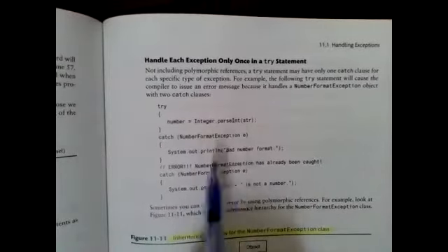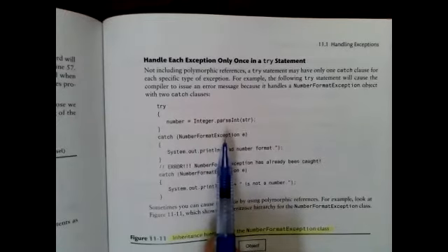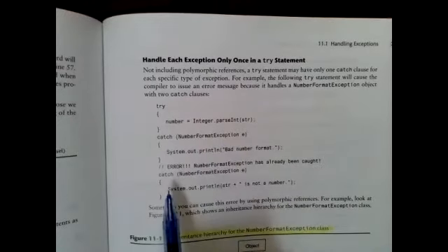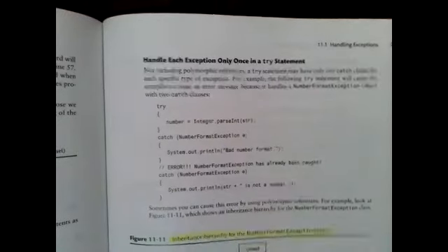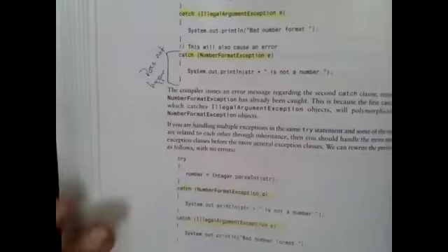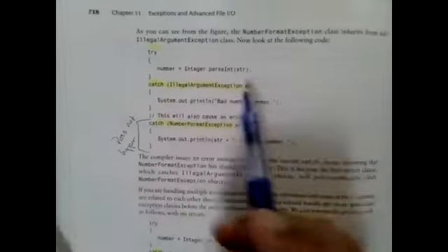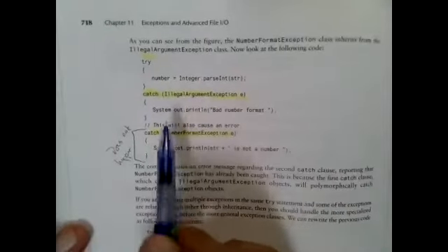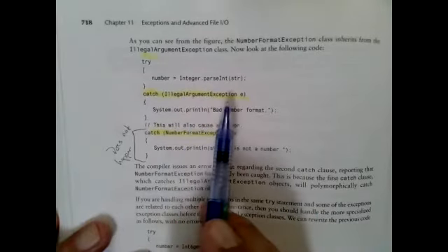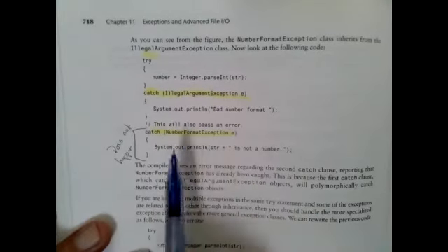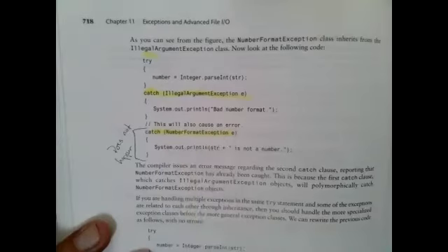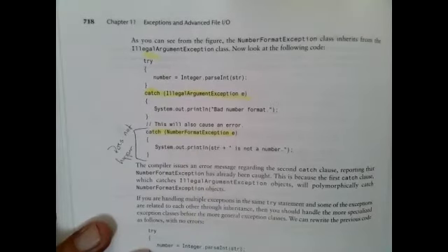Now, when I'm catching these, I have this layout, right here it is. I have a try, and I have a catch illegal argument exception, and I have a catch number format exception.